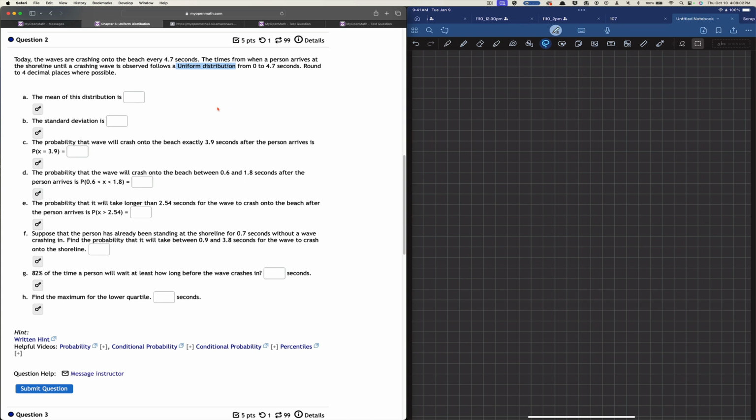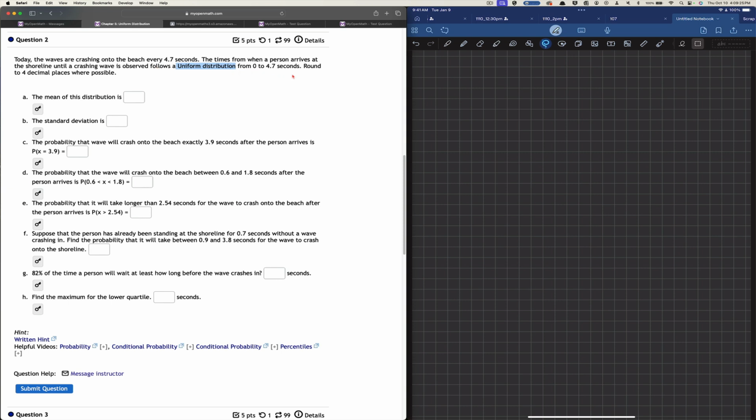In this case, it's the time the wave strikes within a given time interval, which gives us an area. Today, the waves are crashing onto the beach every 4.7 seconds. The times from when a person arrives at the shoreline until a crashing wave is observed follow a uniform distribution from 0 to 4.7 seconds.